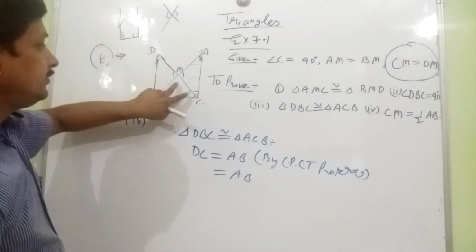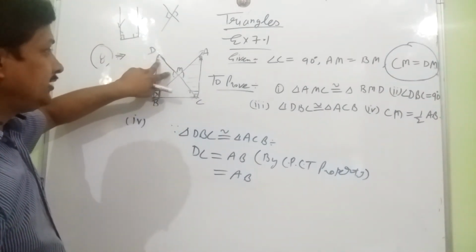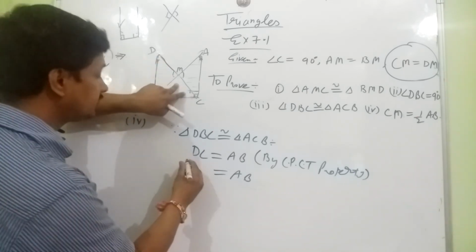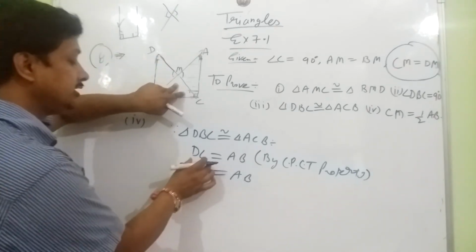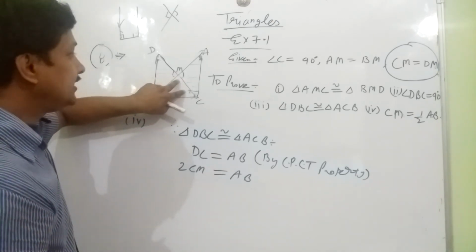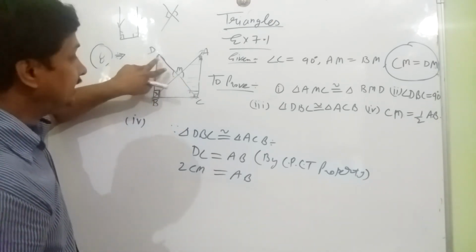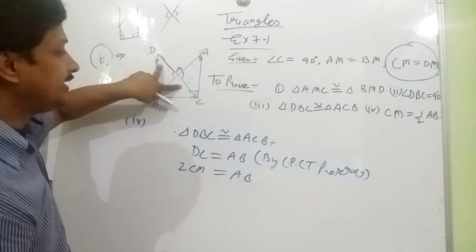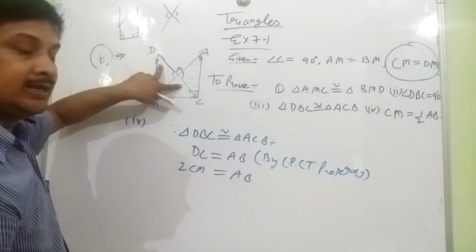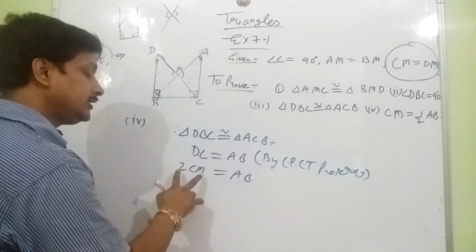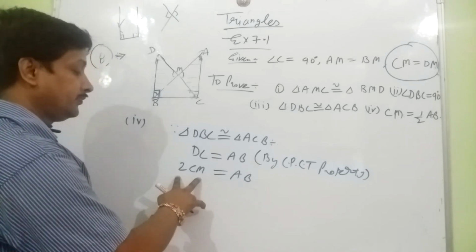So if CM equal to DM, then you can write DC to be twice of CM. Can you write DC to be twice of CM? Suppose this is 5 centimeters and this is equal to this, then it is also 5 centimeters. Then DC will be 5 plus 5, 10. So you can say DC is twice of CM. So we have written DC equal to twice of CM.